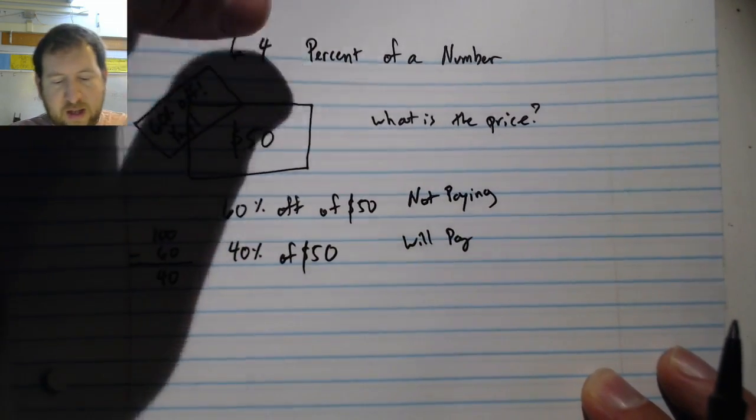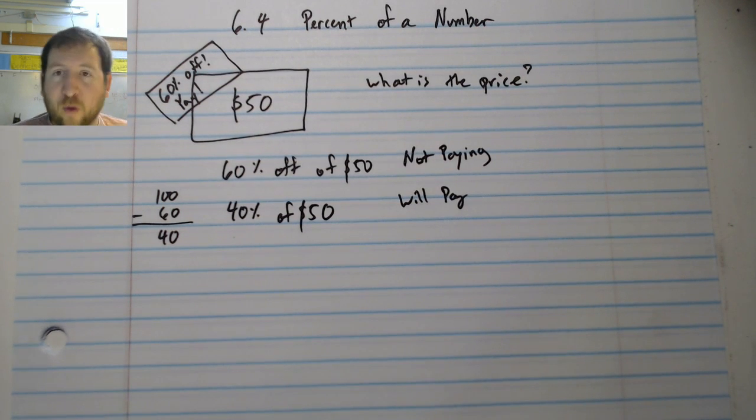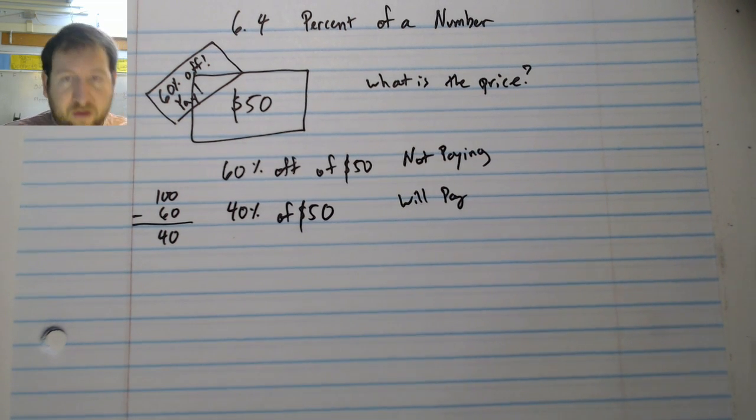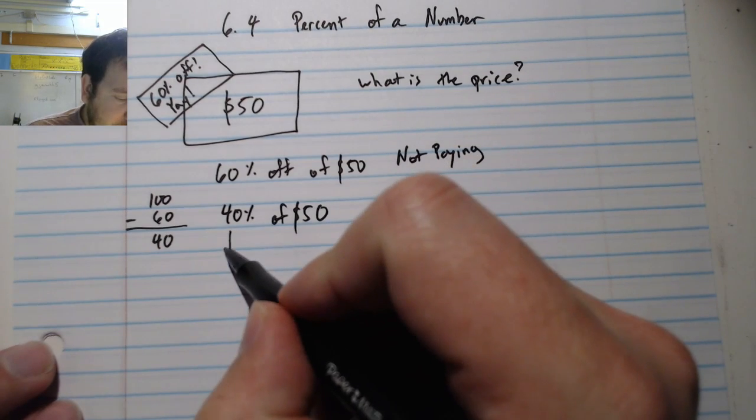Now, the question is, how do I get to that amount? And the way that we're going to be using in this section is called fraction multiplication. So I can rewrite this pretty easily. I can turn 40% into a fraction. Well, I know how to do that.